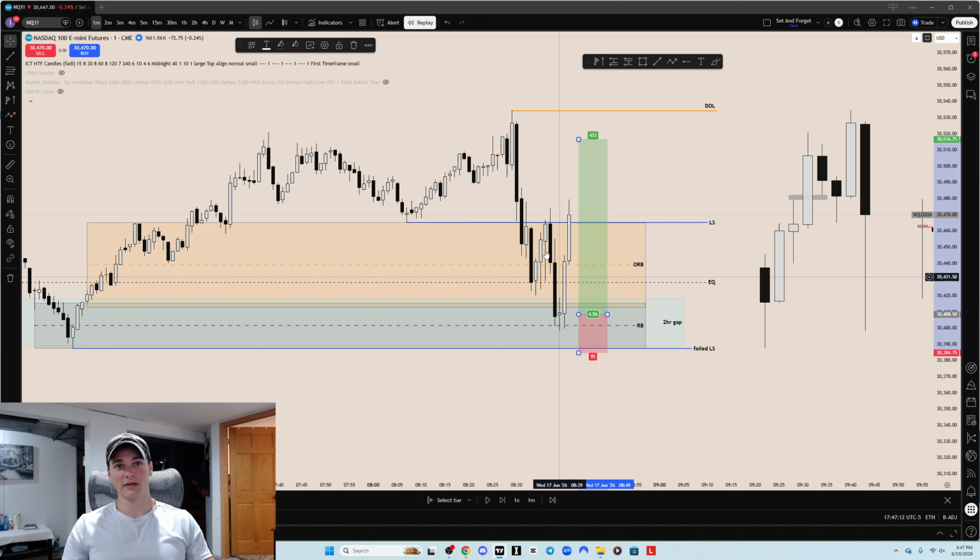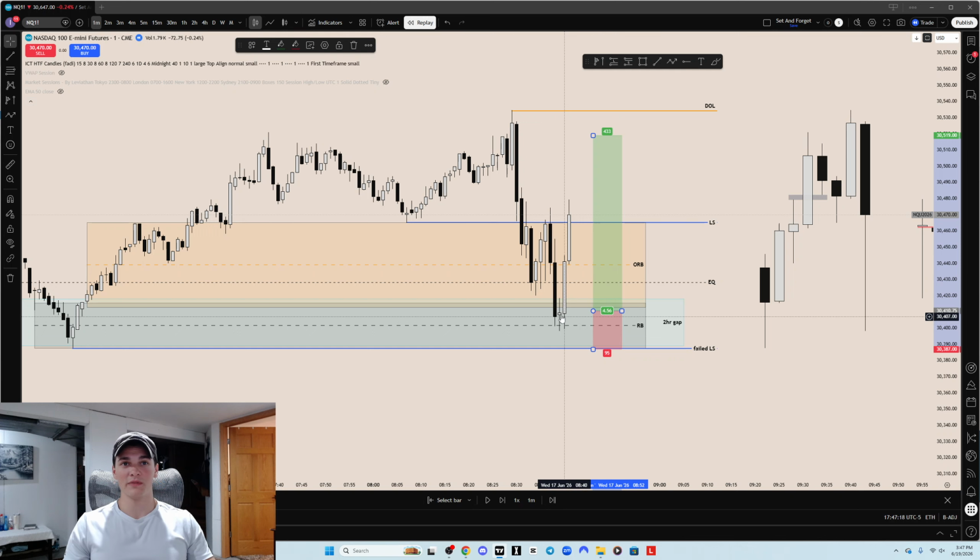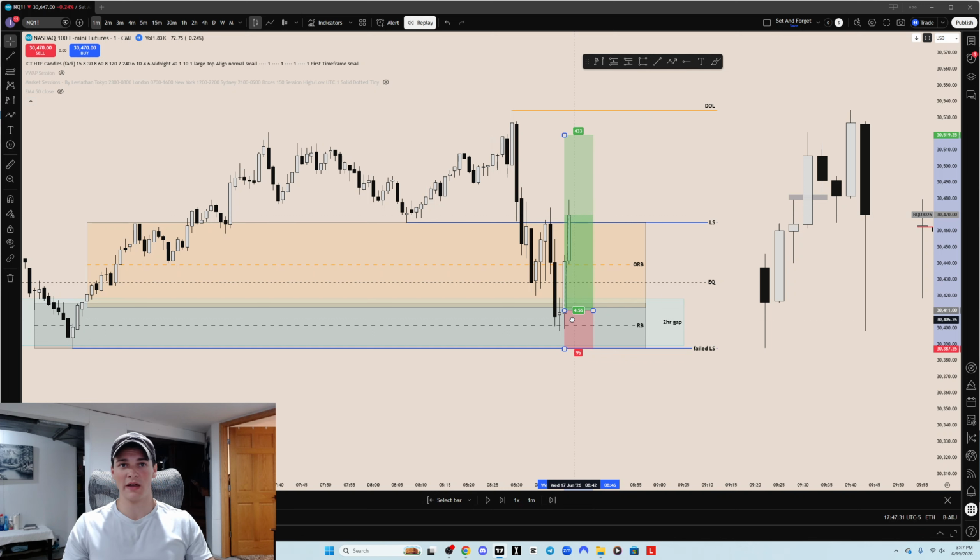So basically, we had that tap, a candle closed respecting the zone, and then to make it even better, this third candle right here made a wick down, failing to break this low, and then reversed back to bullish. So while we were reversing back and flipping back bullish, I entered in like right here.